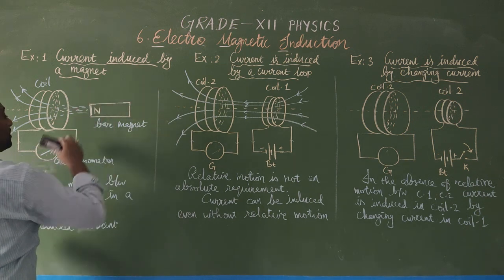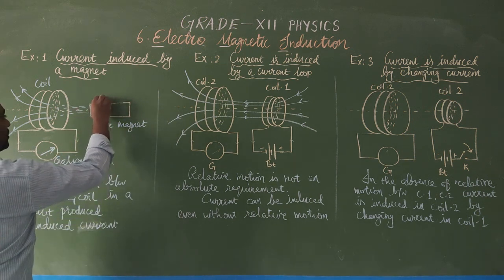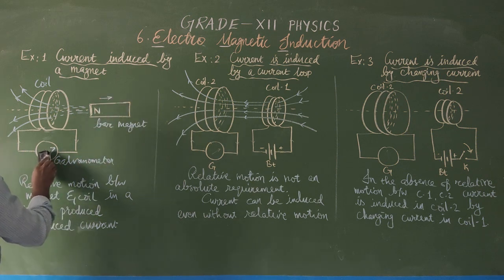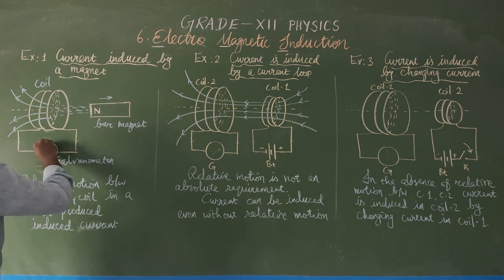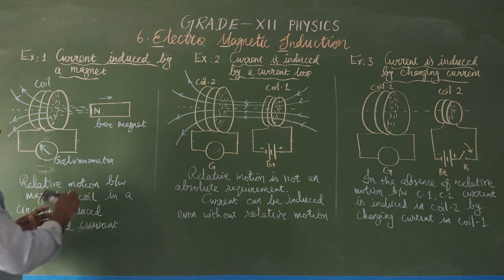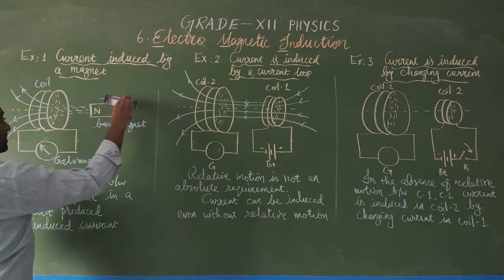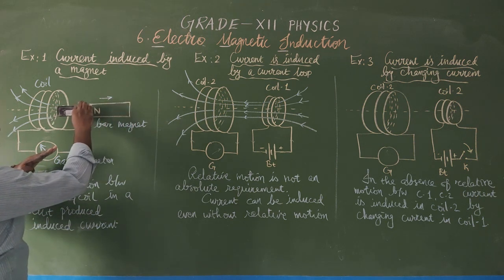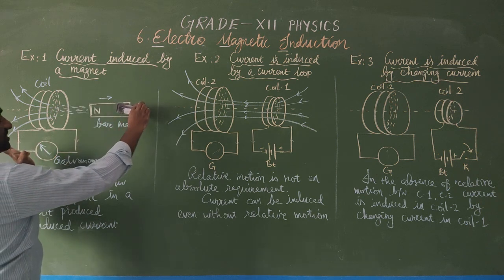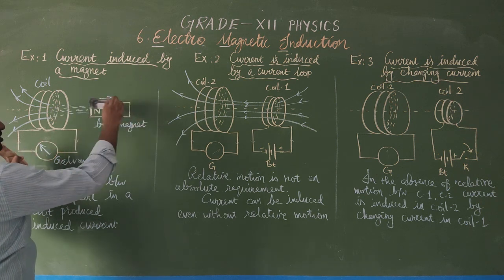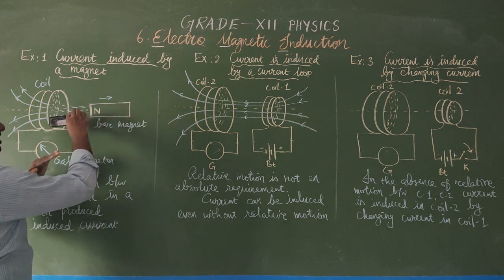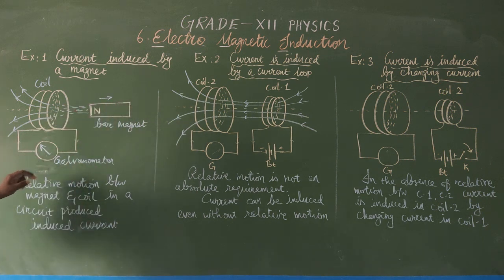If they drew the north pole outwards, the deflection was found in the opposite direction. So by continuous movement of the magnet inside the coil, there is a deflection in the galvanometer.